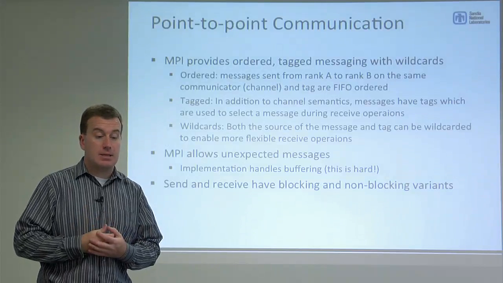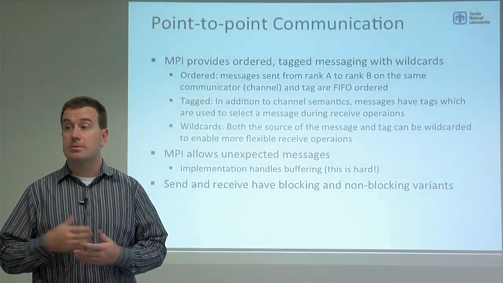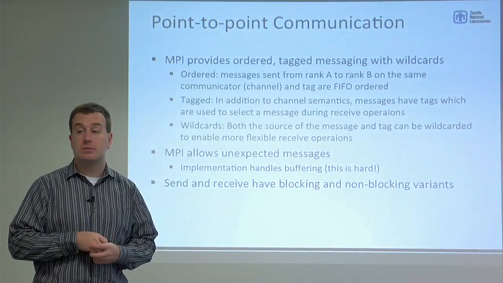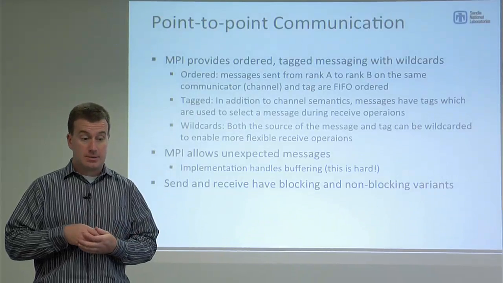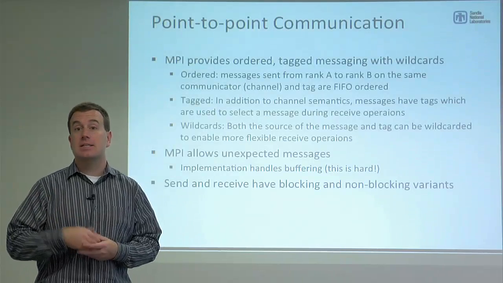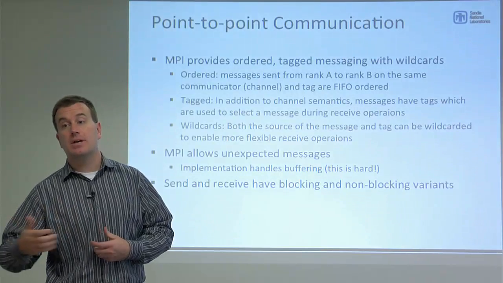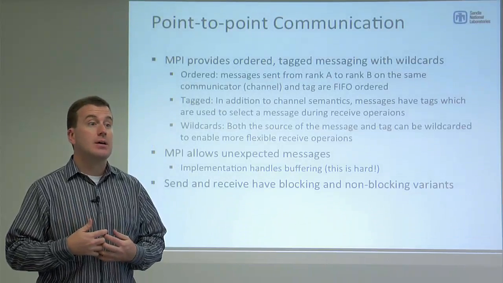Tags mean that in addition to the channel semantics that you normally get with, say, TCP, you can pick and choose messages out of order as they're received based on a tag that's set on the sender side. The receiver can choose to receive, say, tag 1 messages or tag 2 messages, and it'll get the first one of that tag. And then the wildcards is where things get tricky.